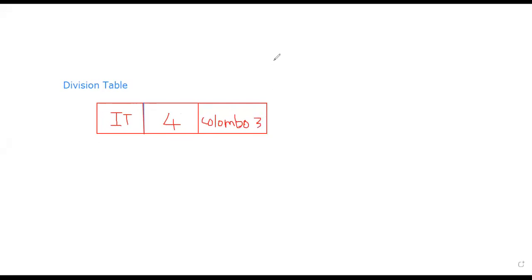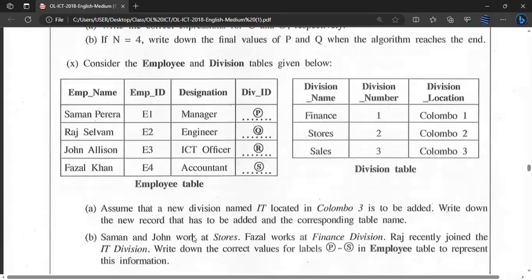So this will be the answer, right? Division table: you need to give the name of the table, then you need to give the record. That's what it says: write down the new record that has to be added and the corresponding table name.